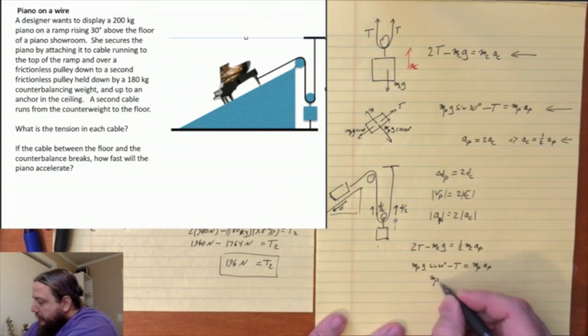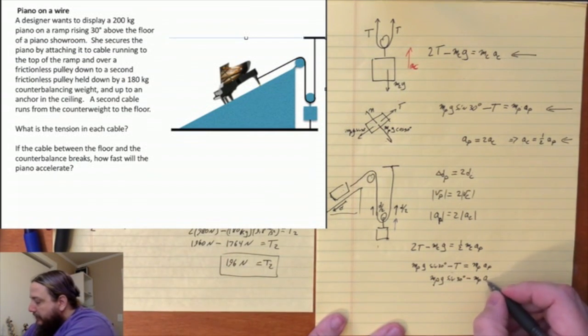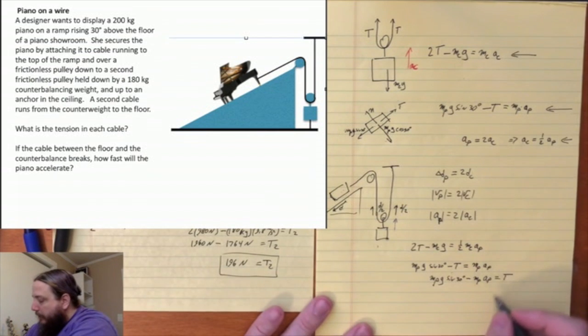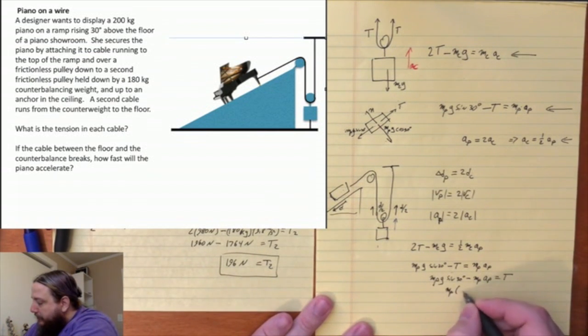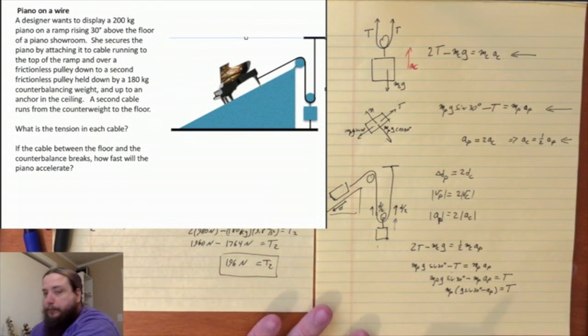Mass of the piano times gravity sine of 30 degrees minus mass of the piano times the acceleration of the piano is equal to the tension. We can even factor out that mass of the piano. So that's mass of the piano times g sine 30 degrees minus a_P. That's our tension.